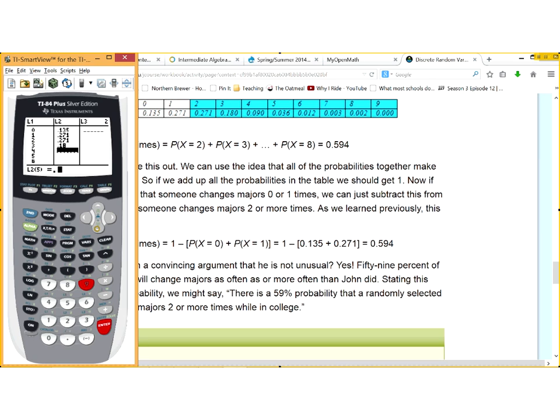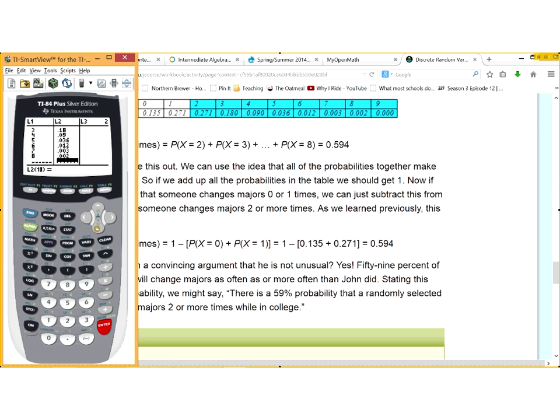Bear with me for just a moment while I do this. And I'm going to ignore the 9 because it says 0.000. I think in the first table they didn't even include that, so I don't need it.